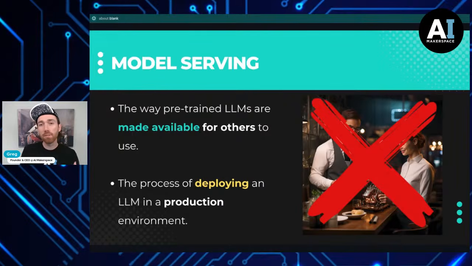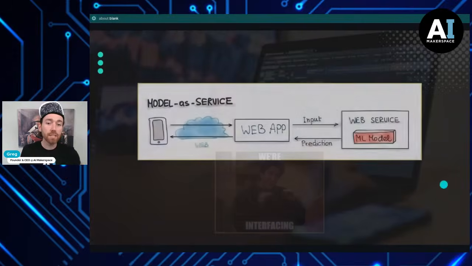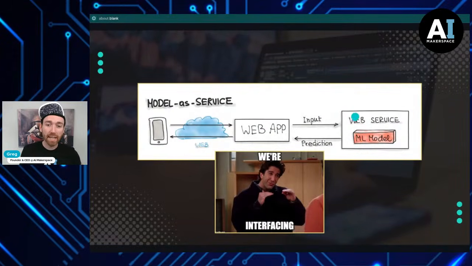When we talk about serving up a model, the model is actually served from back in this service. What's happening at this web application interface is we're actually just interfacing between the client and the server.